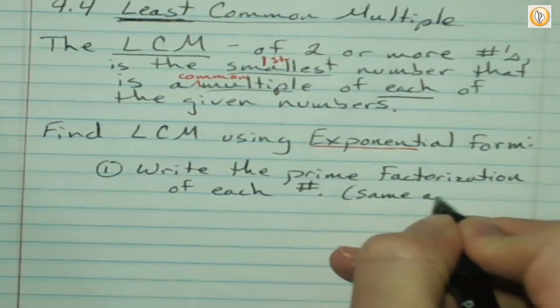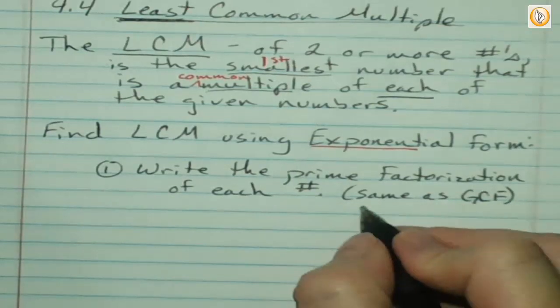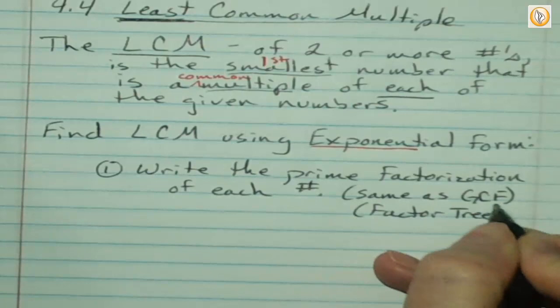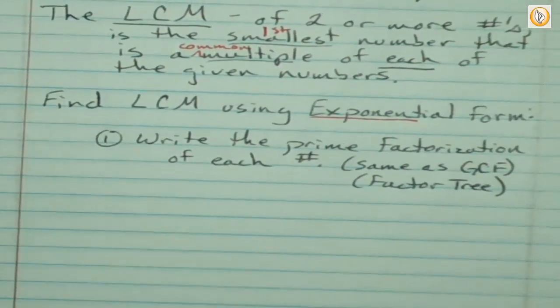Same as GCF, basically the factor tree. So basically, the first thing to do is do a factor tree. Again, just like greatest common factor.